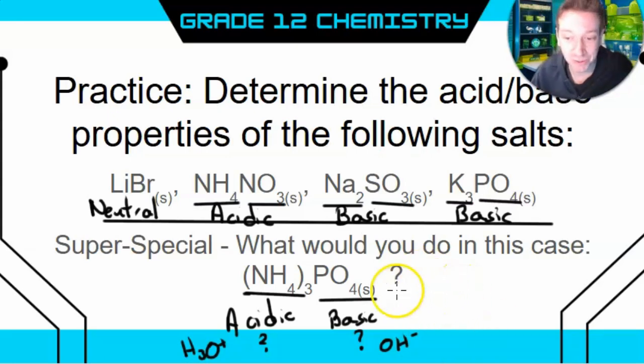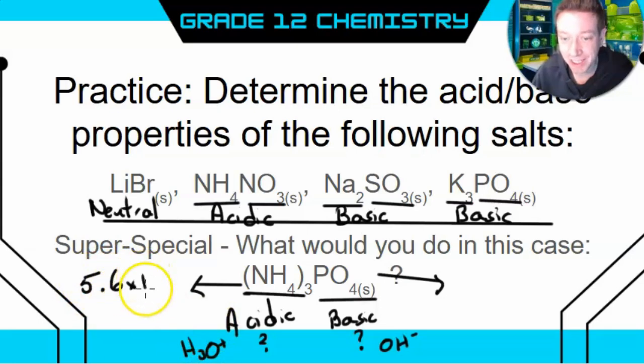So what you need to do is look up the Ka and Kb values for these ions. The Ka value for the ammonium ion is 5.6 times 10 to the minus 10. That's a very, very small value.